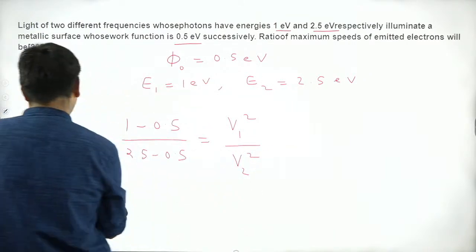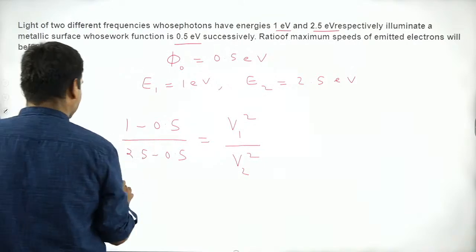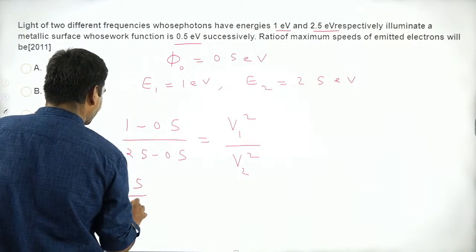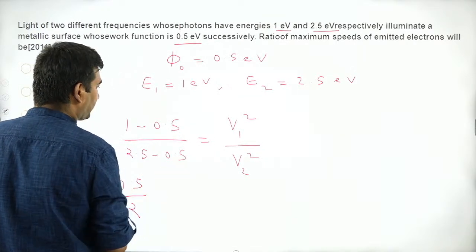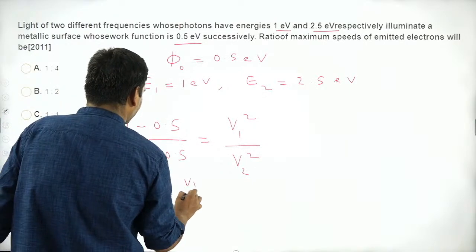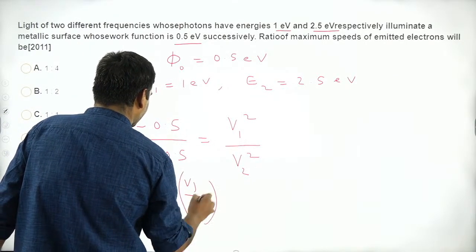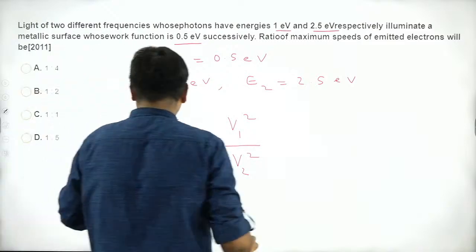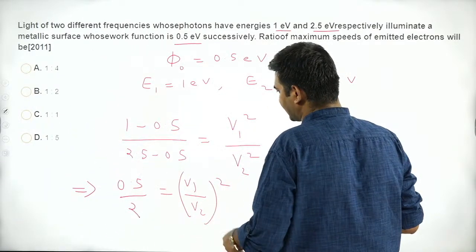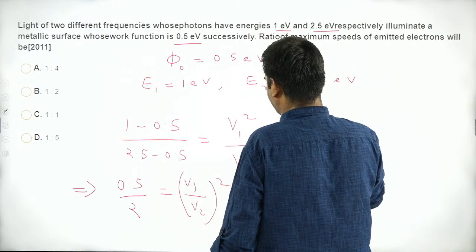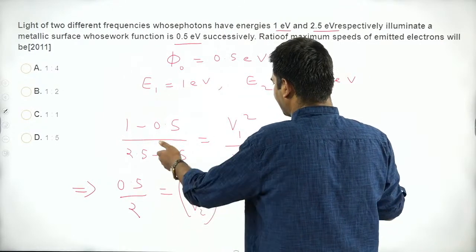So from here if we will solve, it is like 0.5 divided by 2, right? 2.5 minus 0.5, this is equal to V1 by V2 whole square. So this will give us the ratio, because this will become 0.5 by 2 is how much, right? 0.5 by 2 will be 1 by 4.